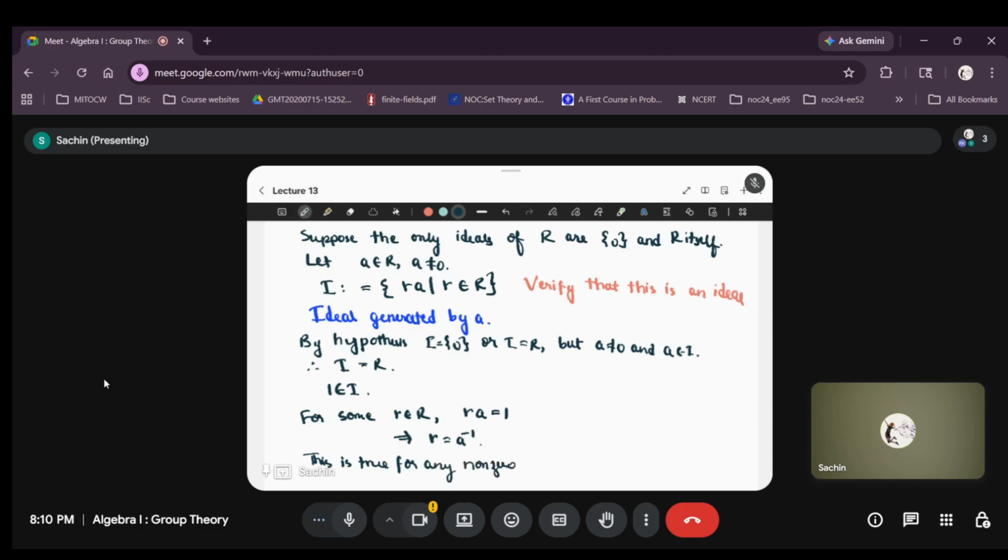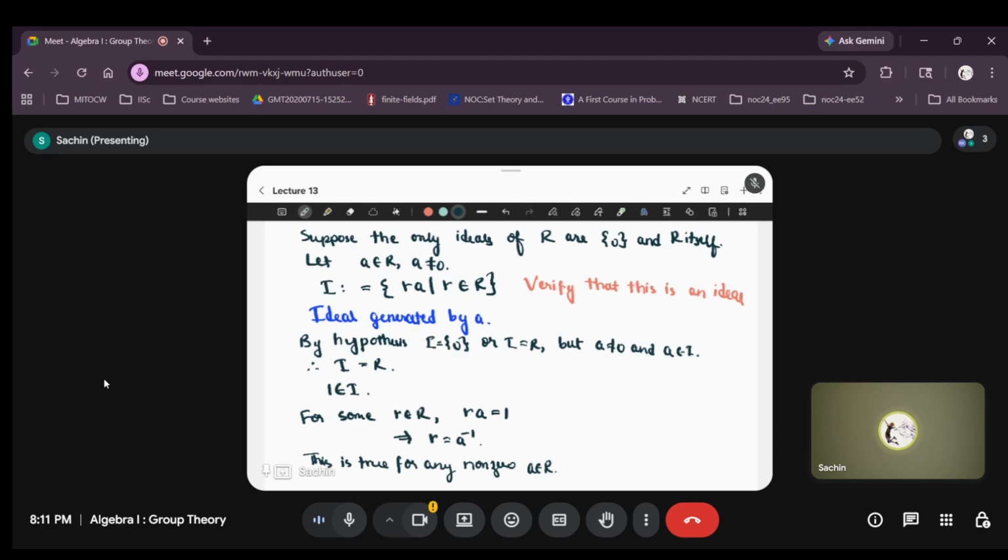If you consider the ideal generated by 0, it is the 0 ideal. If you consider the ideal generated by any non-zero element in the ring, then it is the ring itself. And since it's the ring itself, one should belong to that ideal.